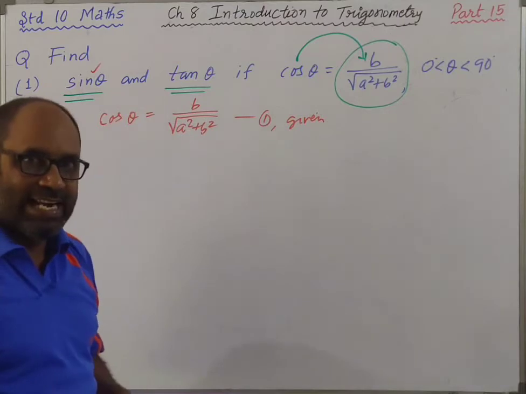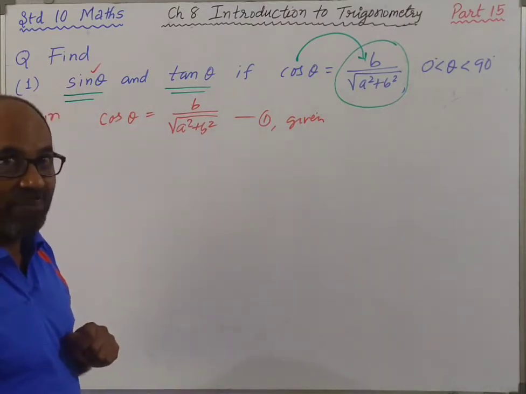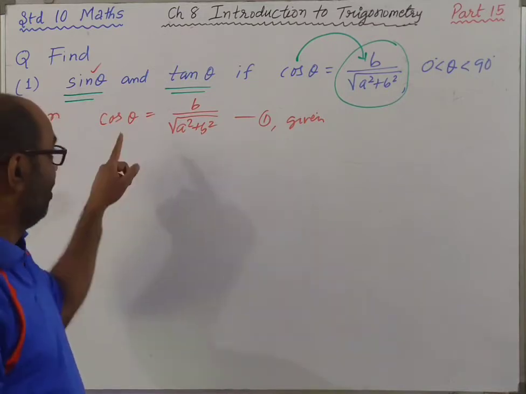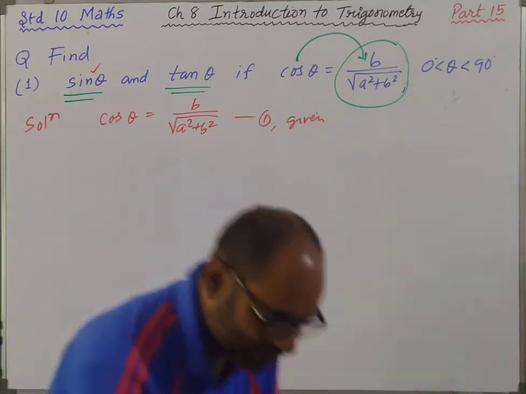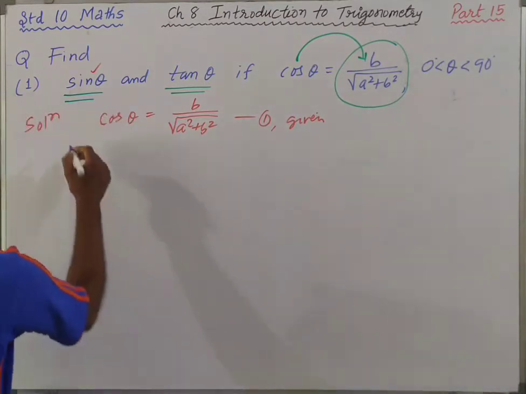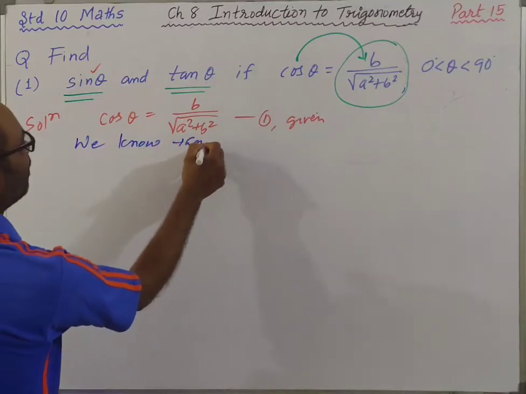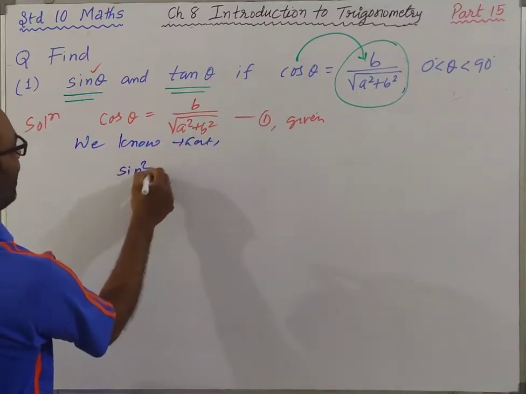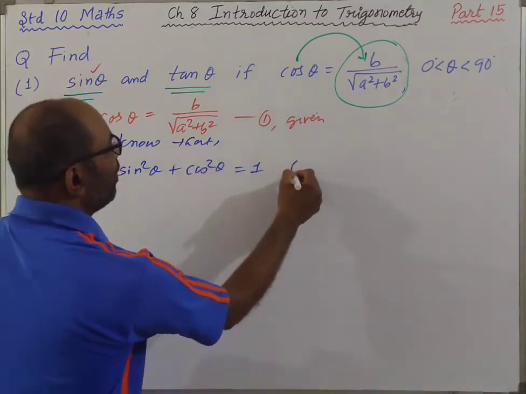Children, recall the identity in which sine is there. Sin square theta plus cos square theta is equal to 1. Cos theta is known, so we'll put the value. We know that, by trigonometric identity, sin square theta plus cos square theta is equal to 1.